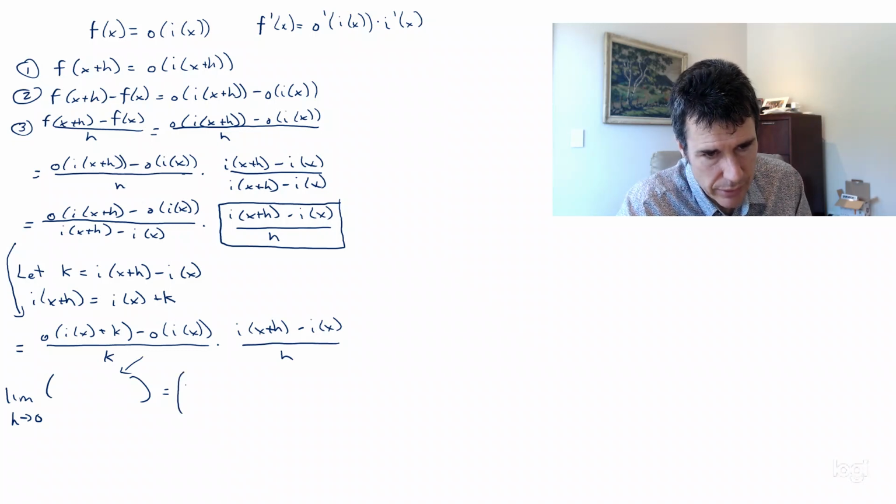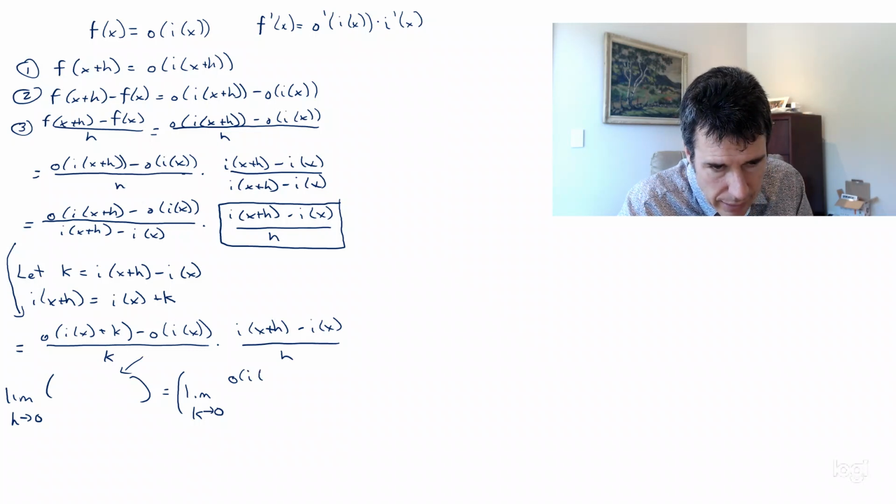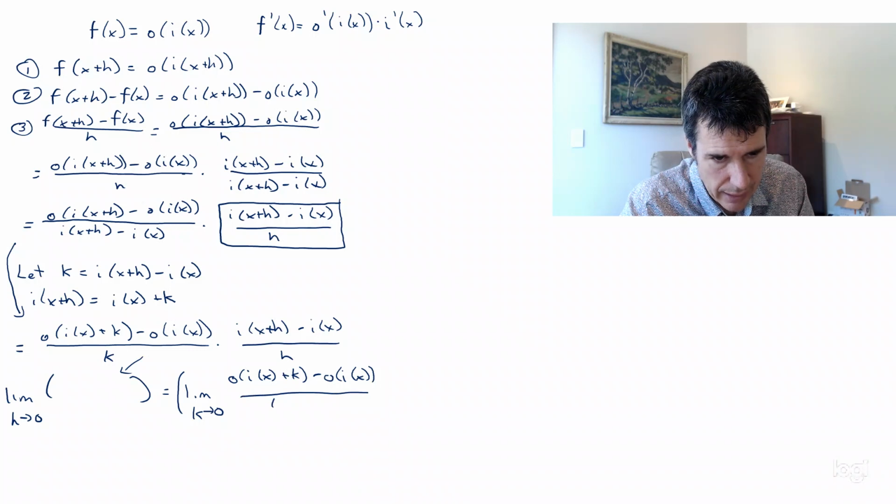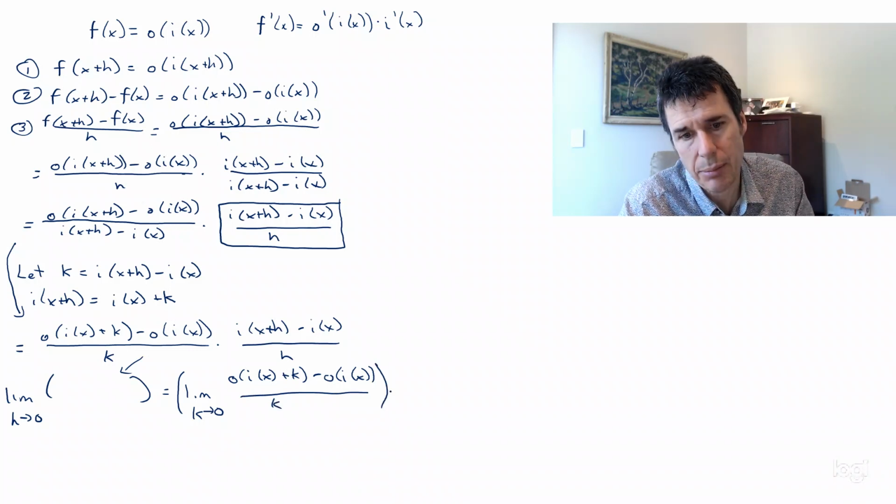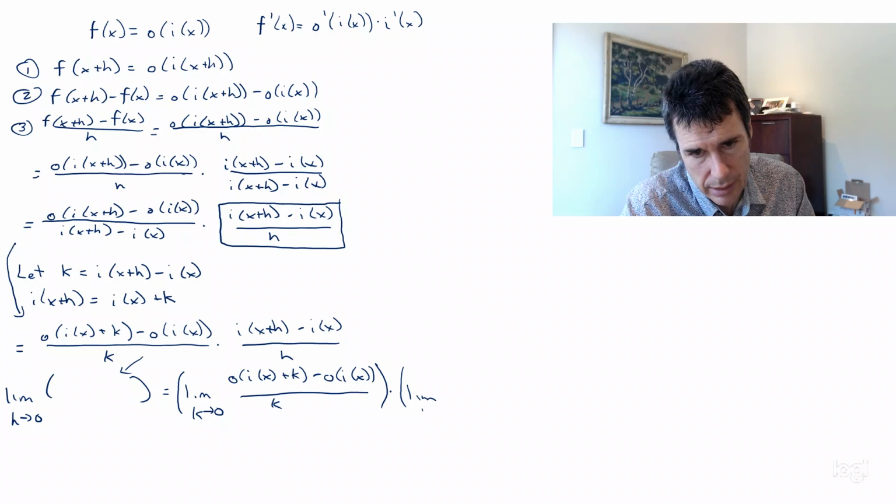So this is equal to the limit, I'll just rewrite it, as k goes to 0 of O of I of x plus k minus O of I of x divided by k, multiplied by the limit as h goes to 0 of I of x plus h minus I of x divided by h.